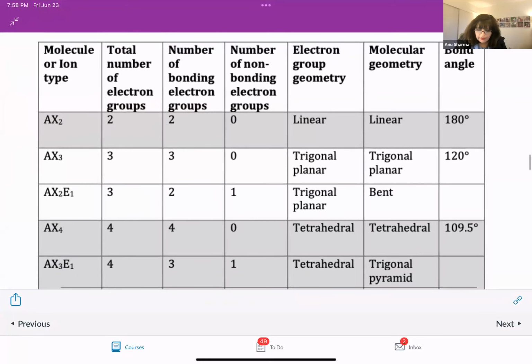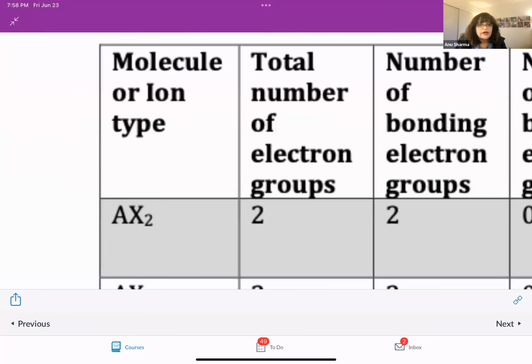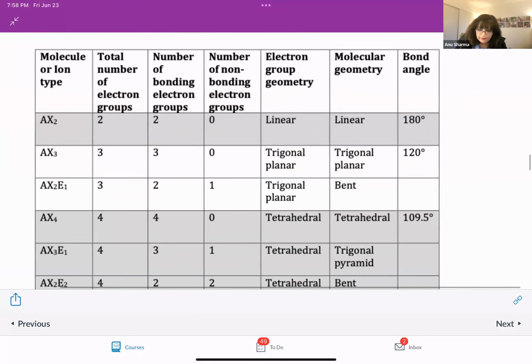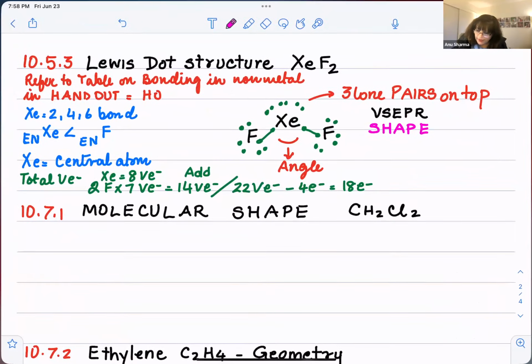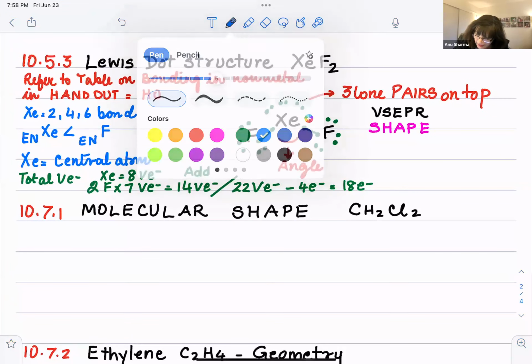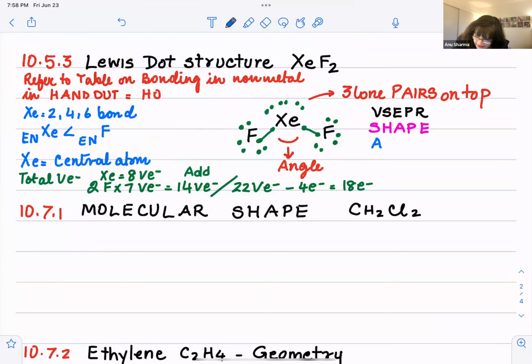Now here, what are we looking at? Molecule and ion type. What is the meaning? A, X, and E. A stands for the central atom. So here you're not just going to look for the bonding.